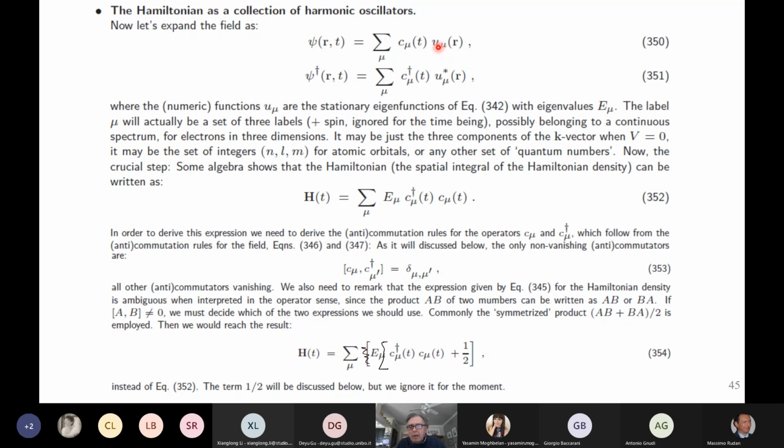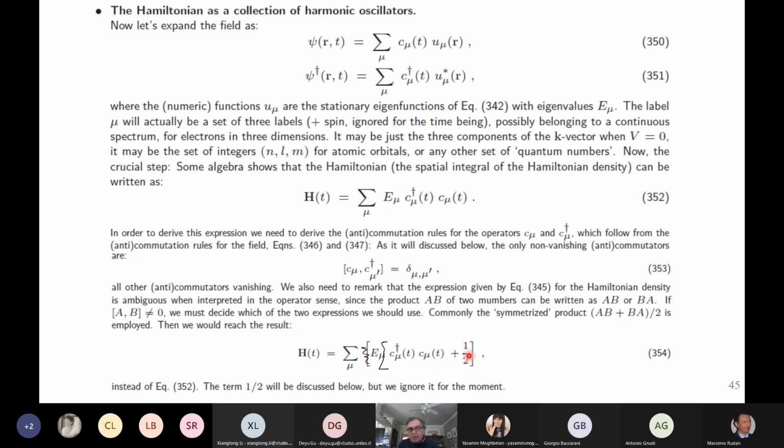So mu is a set of 3 indices, indeed if we're in 3 dimensions, this index mu actually is a set of 3 indices, 1 per degree of freedom that I have in my system. So this will be just the k vector. So the Hamiltonian is just the sum over k vector of h bar squared k squared over 2m, which is the kinetic energy of an electron in free space, multiplied by this product, C dagger k C k, plus this 1/2.